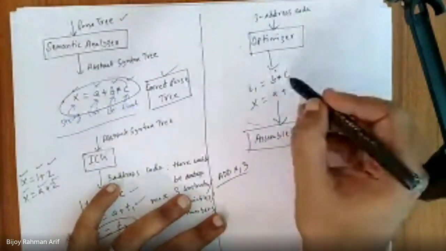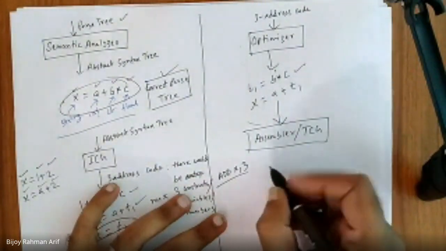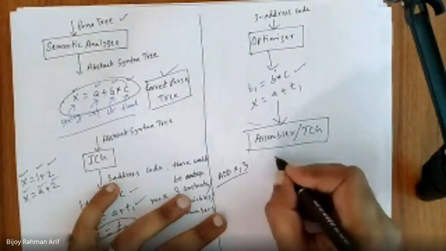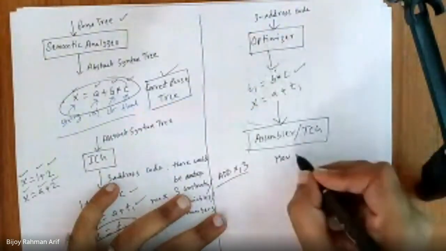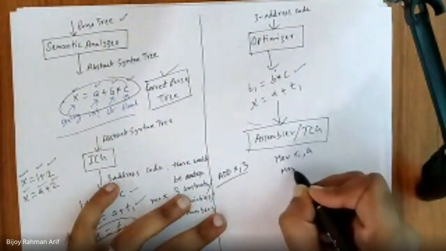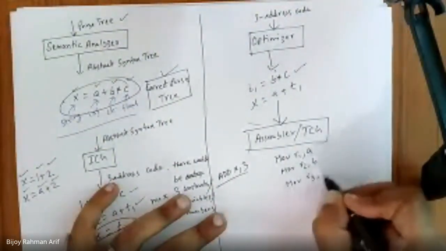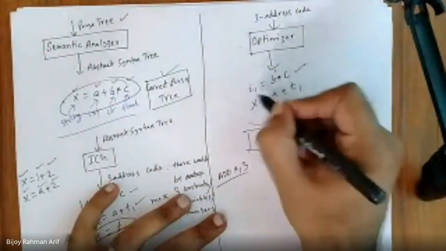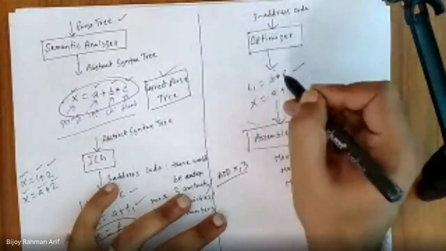I'm going to show you. How can you express this expression using assembly code? At first, let's put the values A, B, C in registers: move R1, A; move R2, B; move R3, C. Then what would be the assembly code instruction for this?